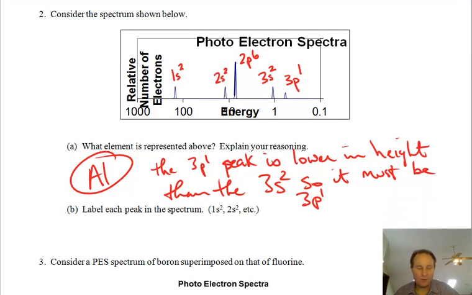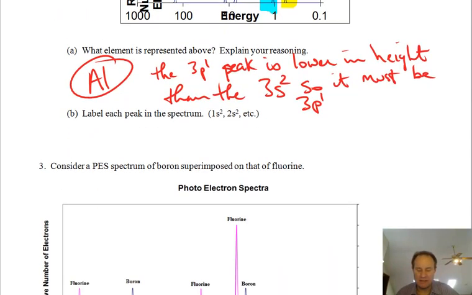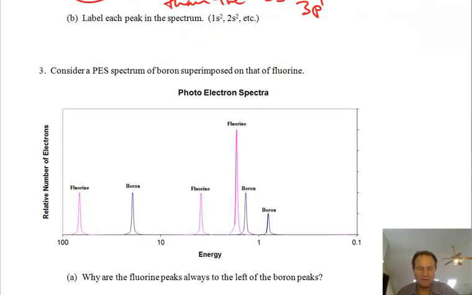And so what I've got written there, the 3p1 peak is lower in height than is the 3s2. And you could, again, perhaps measure it to say, is it half as tall? But if that's got 2, it would have to have just 1. So again, I think interpreting PES data is just very, very easy.